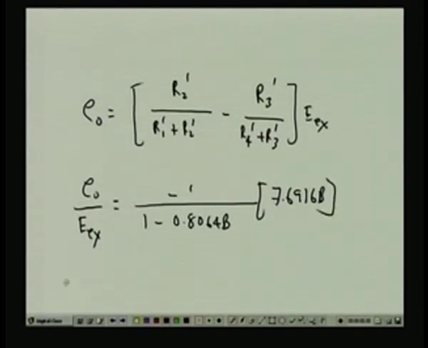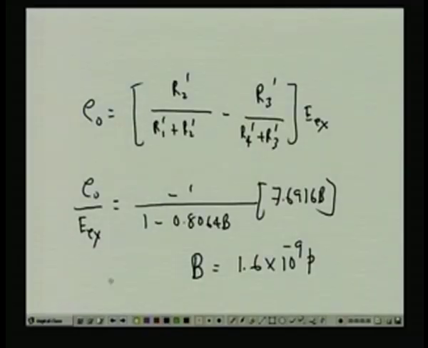Now, substituting all the values, we get that B equal to 1.6 into 10 to the power minus 9 into P, unknown pressure, right.